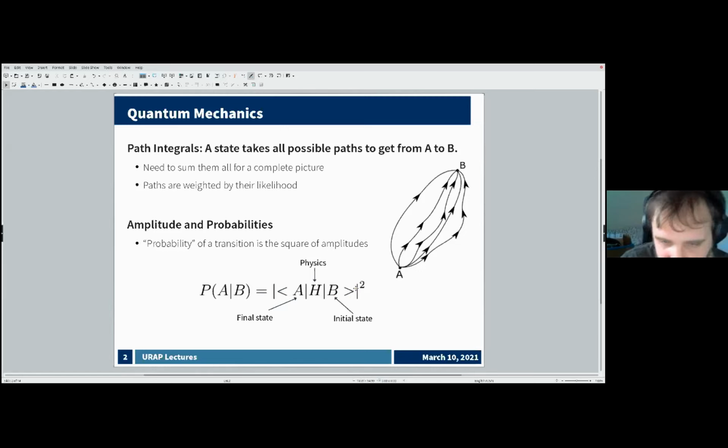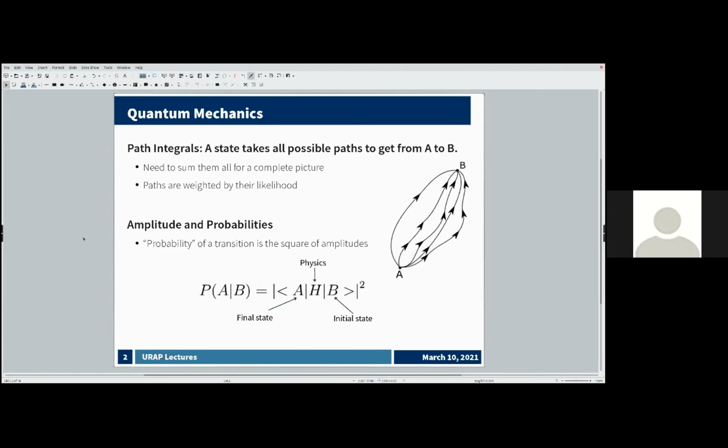But the actual probability of the transition is the square of this amplitude. And one more thing I'm showing here is that to go from probability to cross-section, you just have to put this probability into an additional formula.